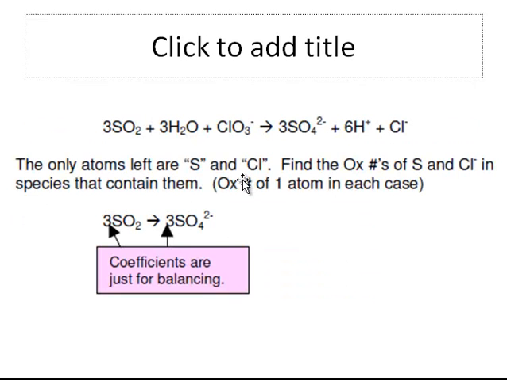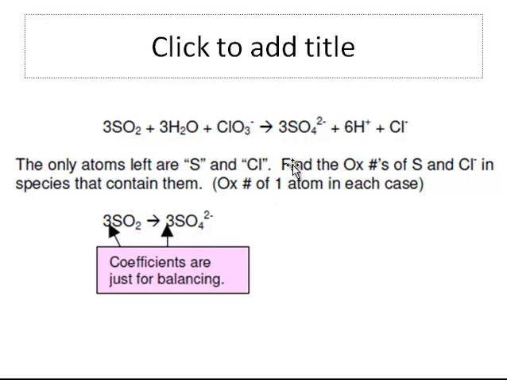And sulfur and chlorine. So we find the oxidation number of sulfur, and we see that it's part of a compound with oxygen. So oxygen is -2, so we'll easily be able to find the oxidation number of sulfur here, and we'll be able to find the oxidation number of sulfur here, and chlorine and chlorine.